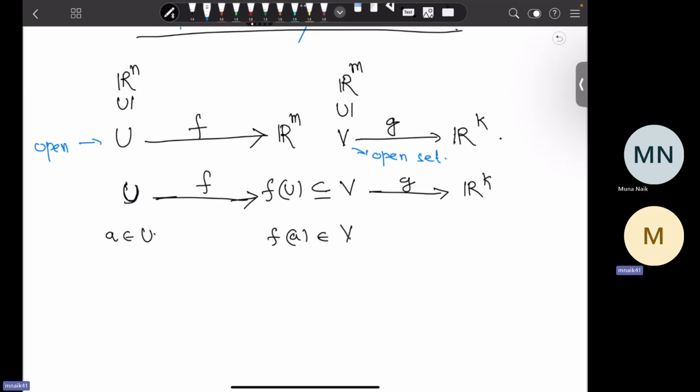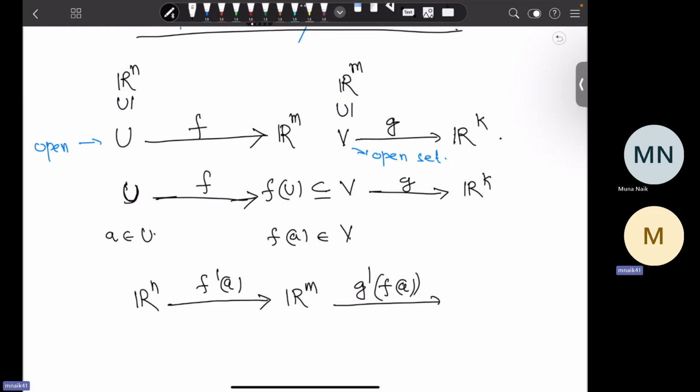Suppose f is differentiable at a, so f prime of a is a mapping from Rn to Rm. Similarly, g prime of f of a is a mapping from Rm to Rk.